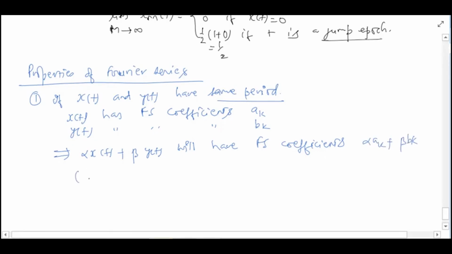This property, as we can see, is referred to as linearity.